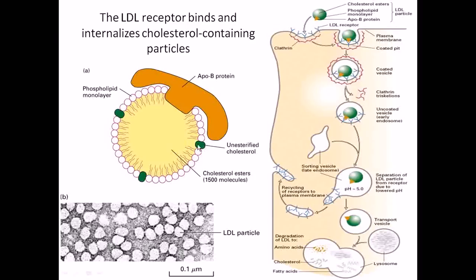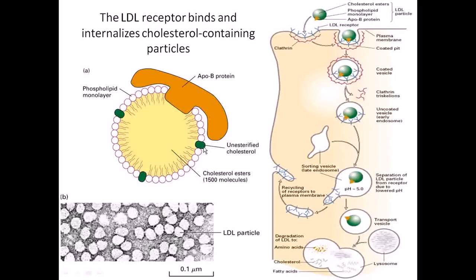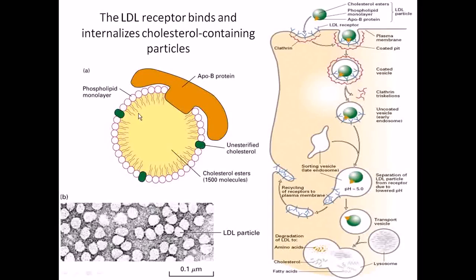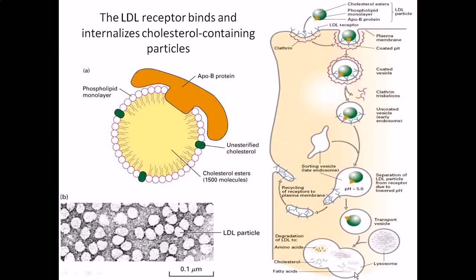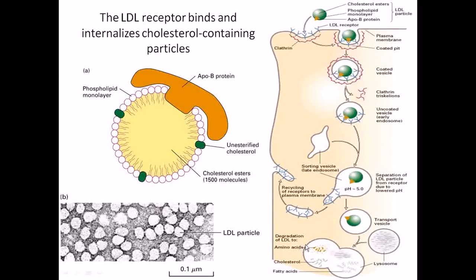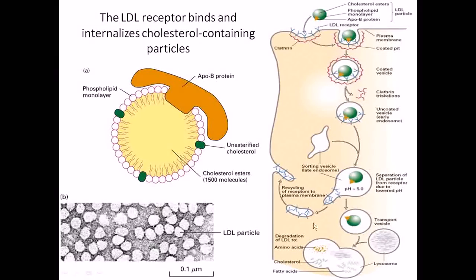They will break down all of these molecules: the cholesterol esters, the unesterified cholesterols, the phospholipid monolayers, and the ApoB protein, everything. They cleave those things apart, and we get all of these independent, like cholesterol, fatty acids, amino acids, and the rest of the parts. Then it will be transferred to the required region where we need them.